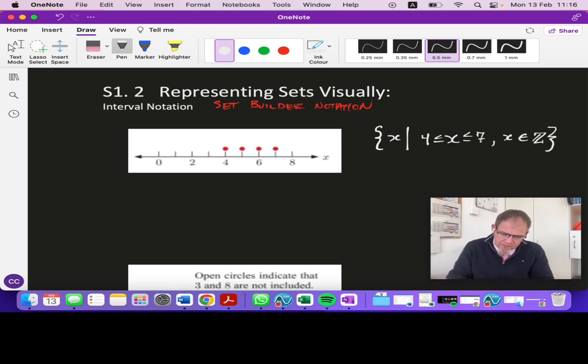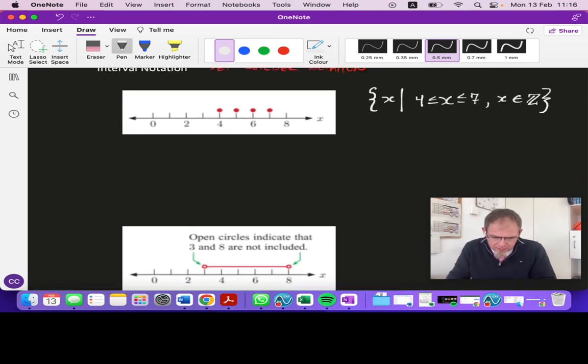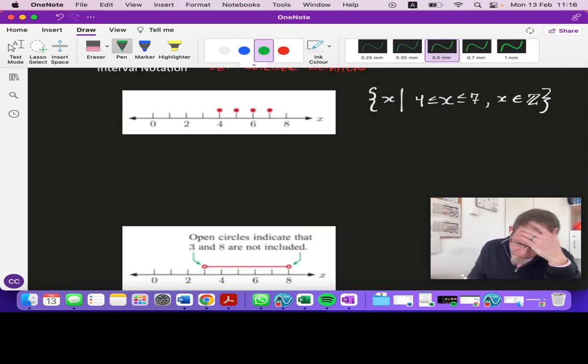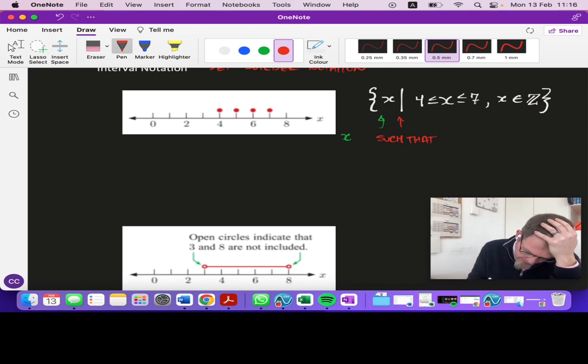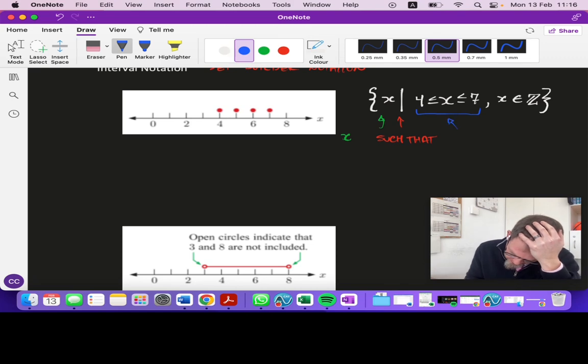One more time, what this is showing by saying this, what this verbalizes into is x, such that, and then this whole thing is x is between 4 and 7, inclusive.